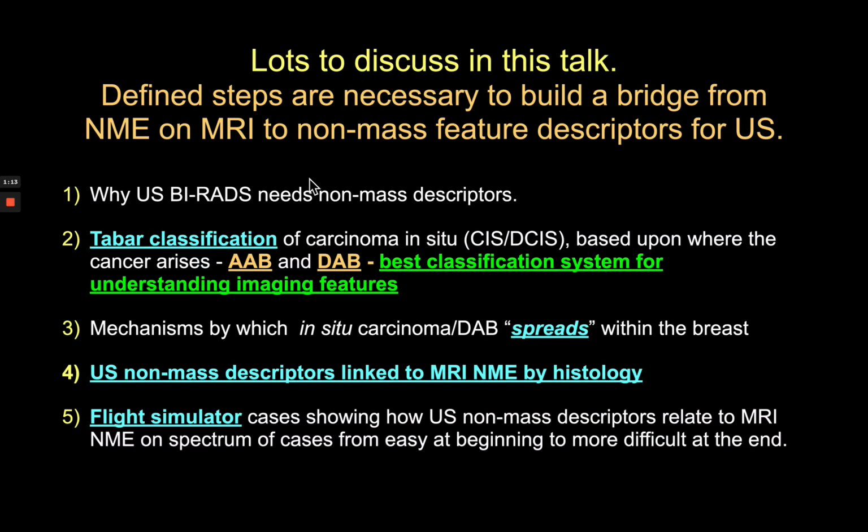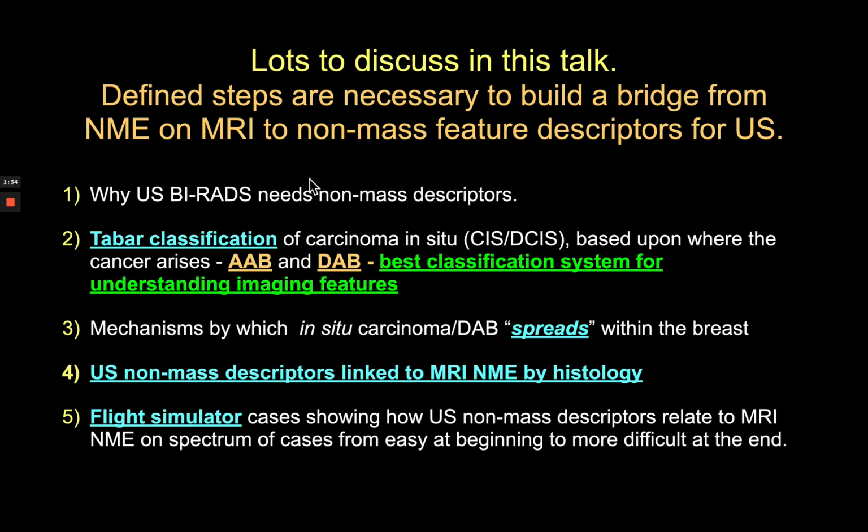Why do we need non-mass ultrasound BI-RADS features? Well, I think Tabar's system is the best classification system for understanding the imaging features. And you have to understand, quote unquote, how in situ carcinoma or DAB spreads within the breast, and I put spreads in quotes.